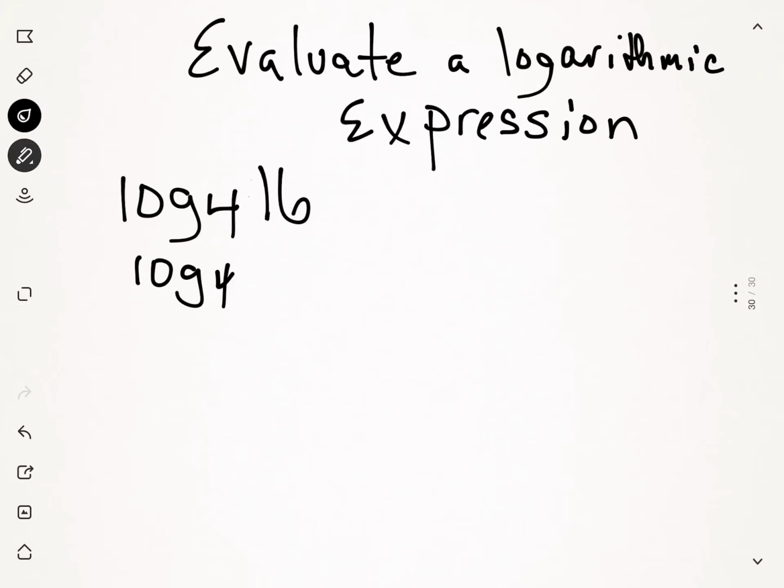So log 4 of 16, set it equal to y. So you're letting the log equal a variable, and it could be any variable that you want. In this case, I let it be y. So log 4 of 16 is the exponent to which 4 must be raised to equal 16.